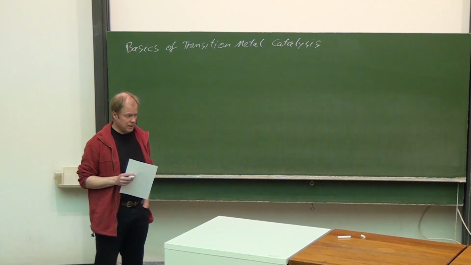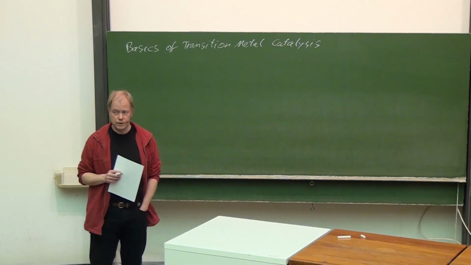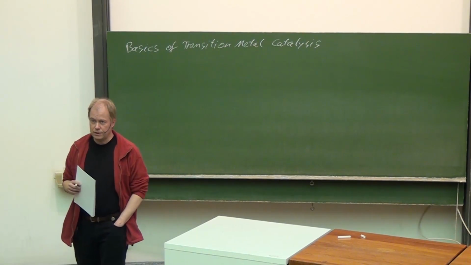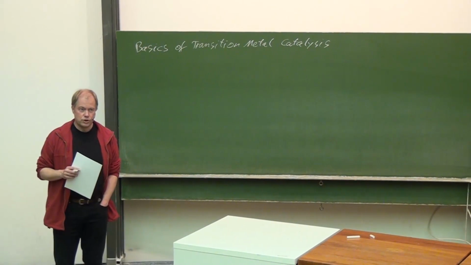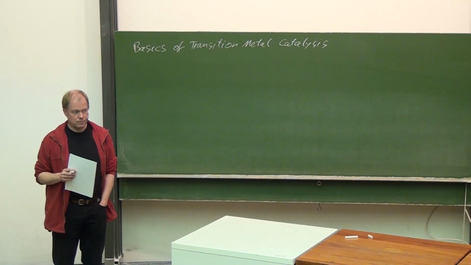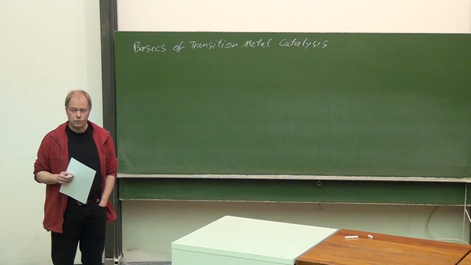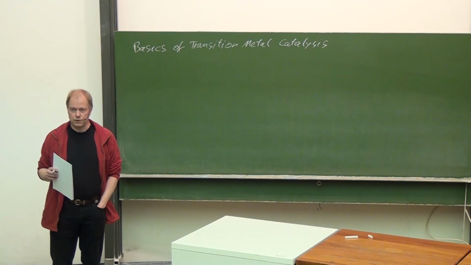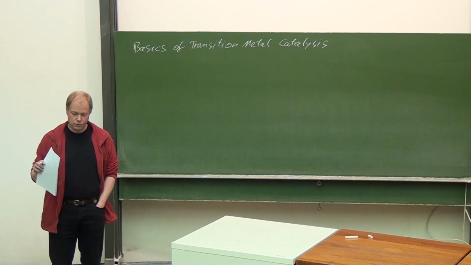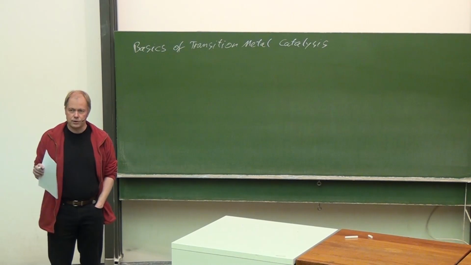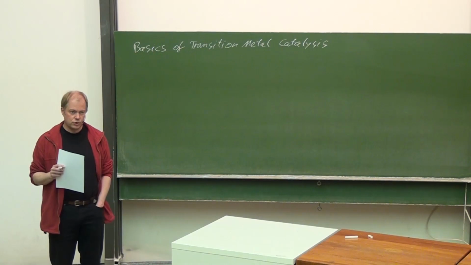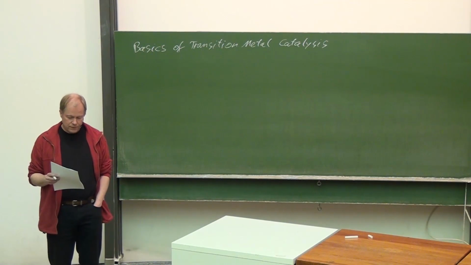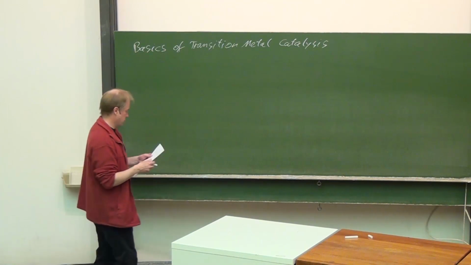In main group chemistry, we have the 8-electron rule, which means we try to adopt the electron configuration of an inert noble gas. And similarly, in transition metal catalysis, we have the 18-electron rule.